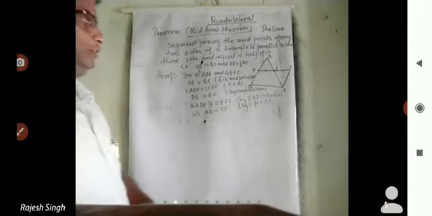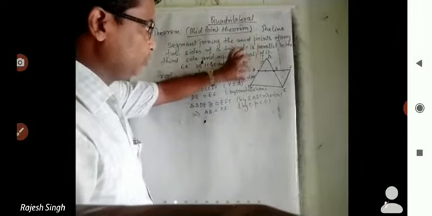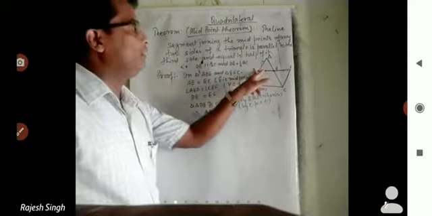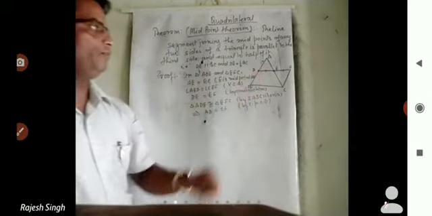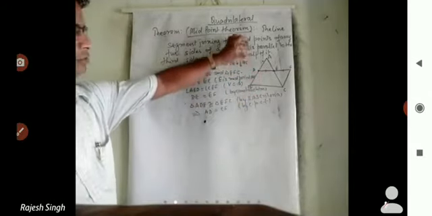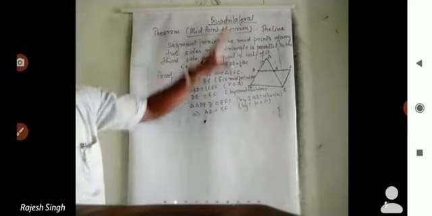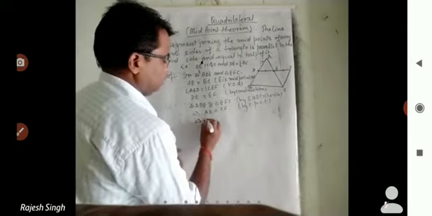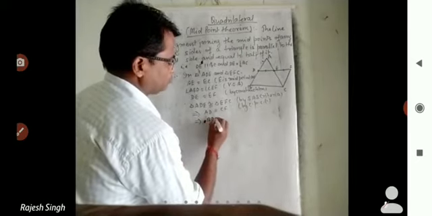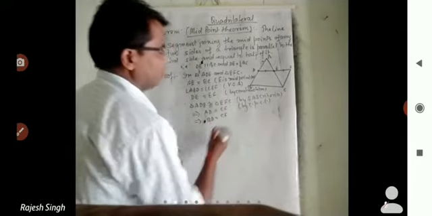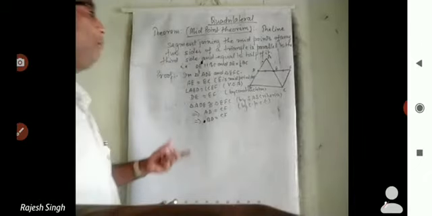Again, all of you say AD is equal to BD. Why? D is the midpoint of AB. That's why AD is equal to BD. Means we can write here BD is equal to CF and BD parallel to CF.